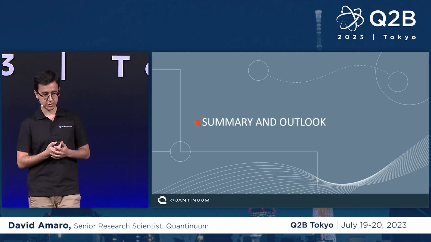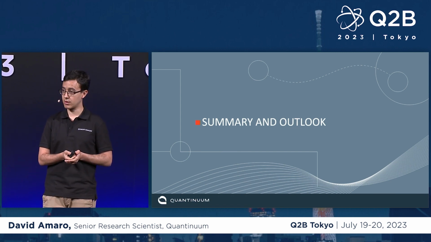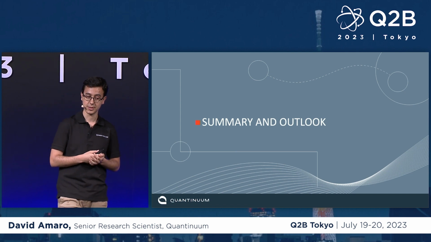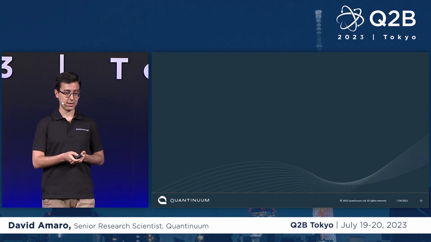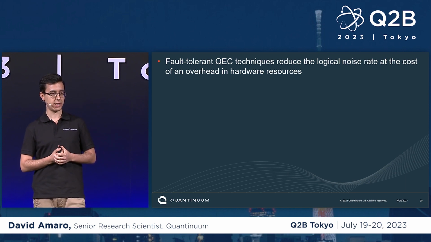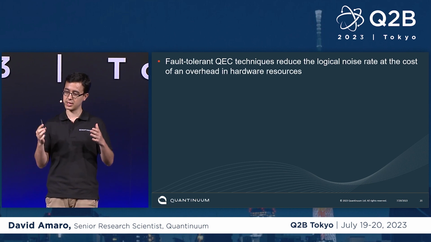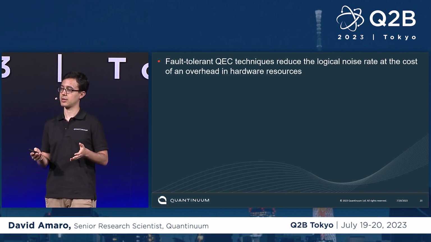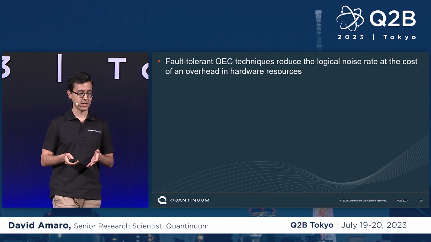Okay, so I want to finalize with a summary and an outlook. These are the main messages that I would like to tell you here. First, fault-tolerant quantum error correction is really the way forward for quantum computers to reduce the noise level to the point where every quantum algorithm will be able to succeed.